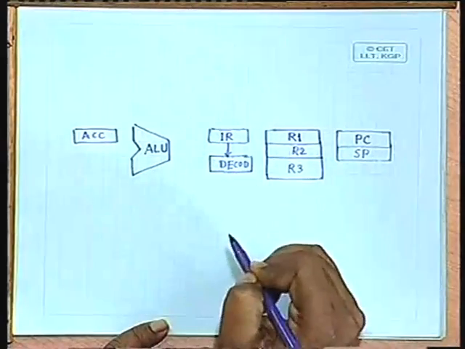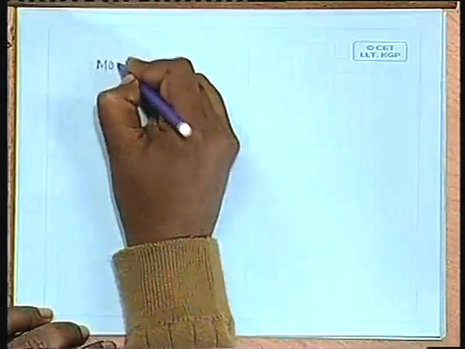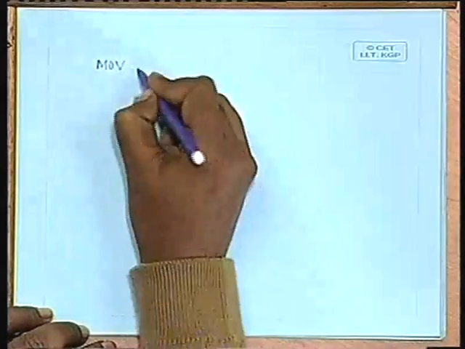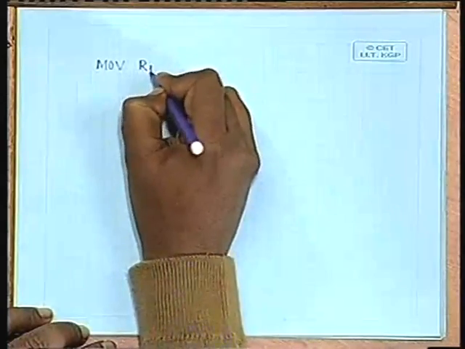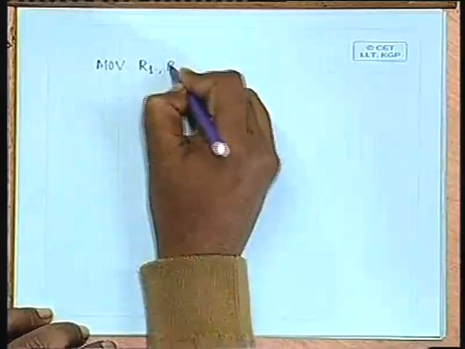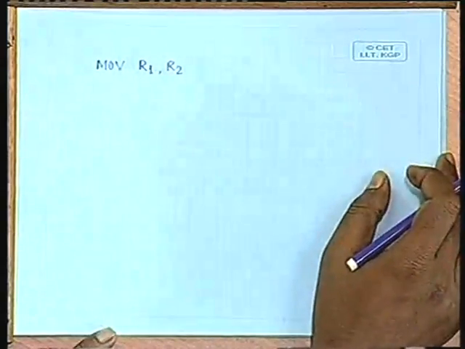Okay. So, before coming to further details, let us take a very simple instruction like move R1, R2. What is this instruction supposed to do?